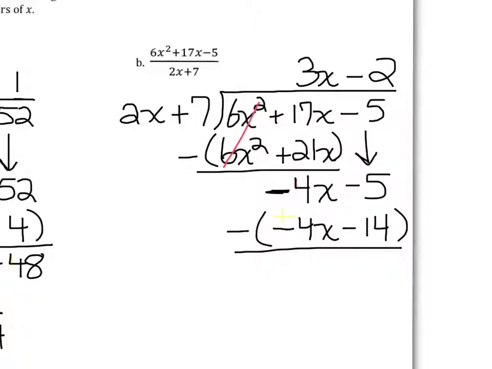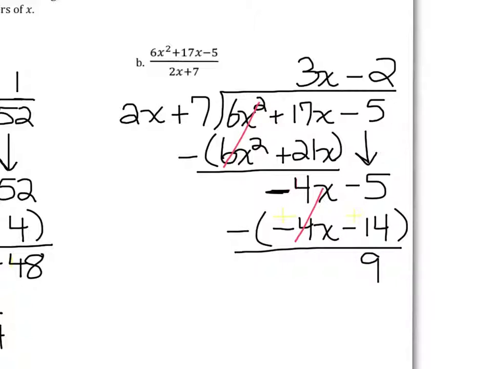And so negative 4x plus 4x, they just cancel. And so we're canceling here. And then I have a negative 5 minus a negative 14. Again, I'm subtracting a negative, which is the exact same thing as adding the positive. And so I will get negative 5 plus 14, which is 9.